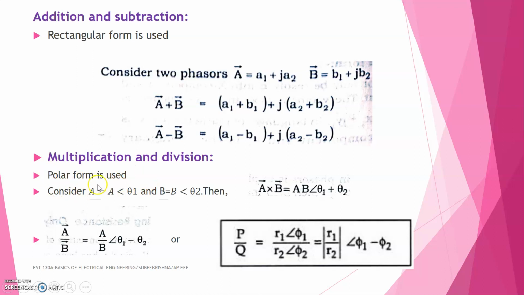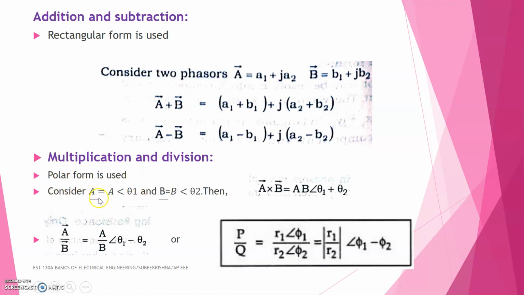In polar form, the quantity contains a magnitude and a corresponding phase angle, that is, the phasor should be in the form of A angle theta. But in the case of rectangular form, the quantity should be in the form of A plus jB. So for doing the multiplication, the phasor should be in polar form.